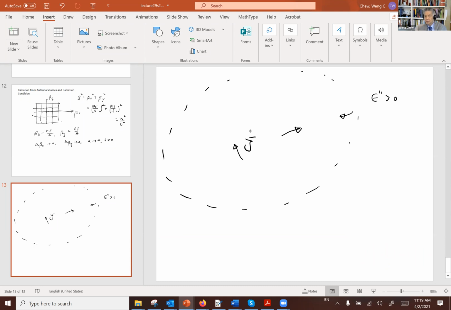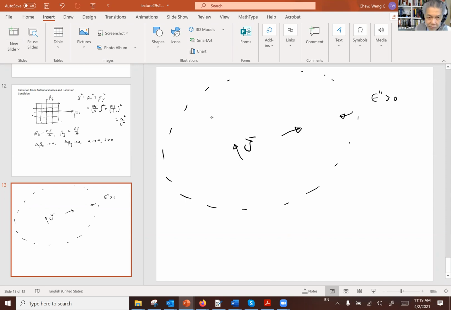So putting in an infinitesimal amount of loss is equivalent to saying that the wave has to be outgoing. If we allow only an outgoing wave solution for solving this problem, then the solution is unique, because the two are synonymous: requiring the solution to be an outgoing wave, or solving this problem with an infinitesimal amount of loss.